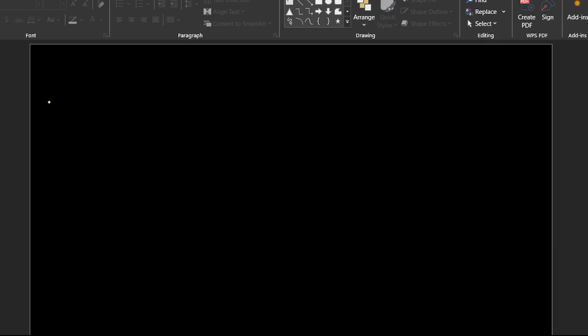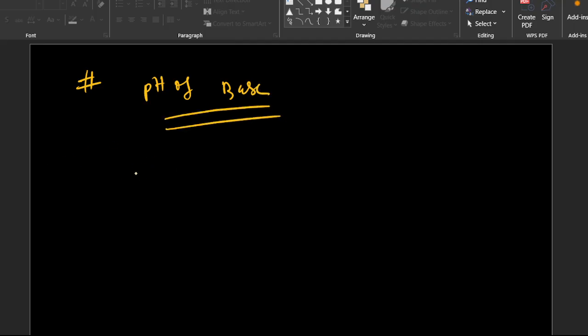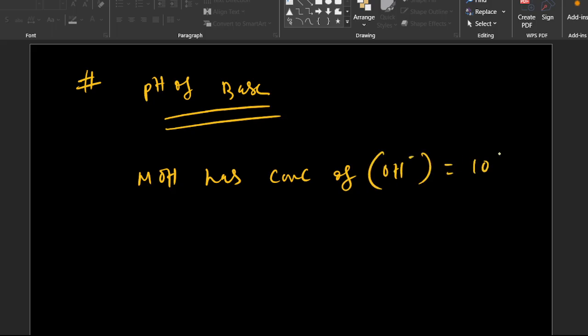So similarly for the base case, now we'll study the pH of a base. So if we give that MOH base has a concentration of OH minus equal to 10 raised to minus 10, then what is the pH?